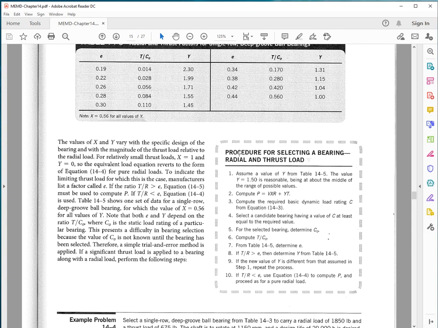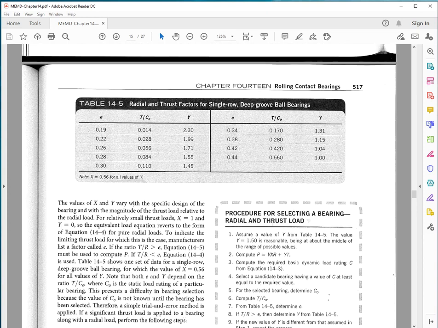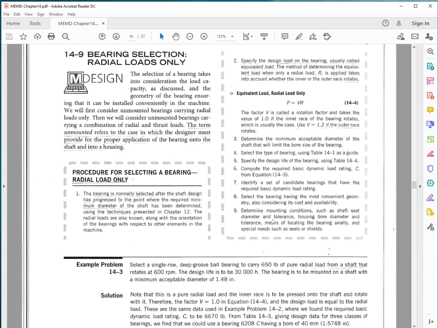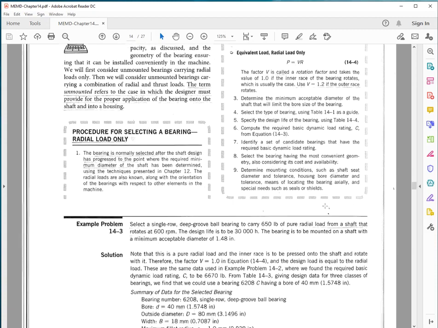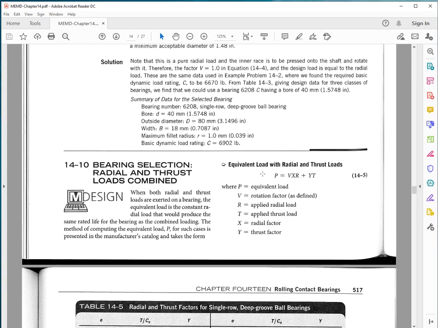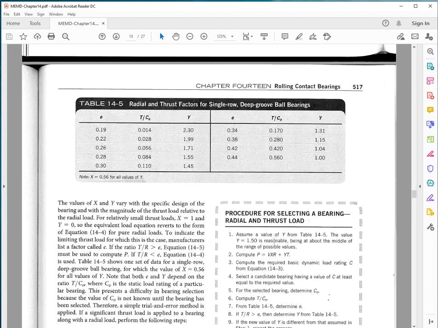But again, it's a matter of calculating the ratio T over R and comparing it with this number E, and you either ignore the thrust load's effect when it is relatively small, or you combine them based on this equation 14.5.